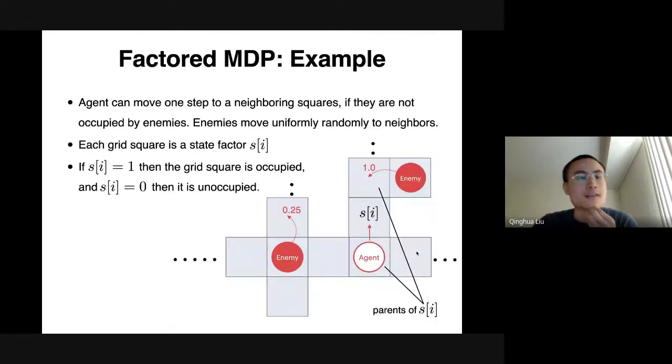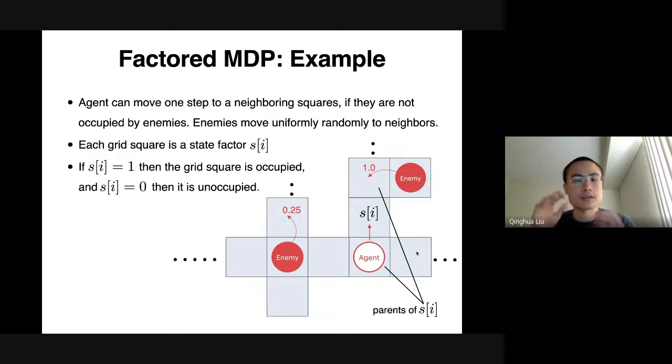Let me show you an example. This is a grid world. We have an agent, and we also have several enemies. The agent can move one step to a neighboring square, and an enemy can move uniformly at random to any of its neighbors.